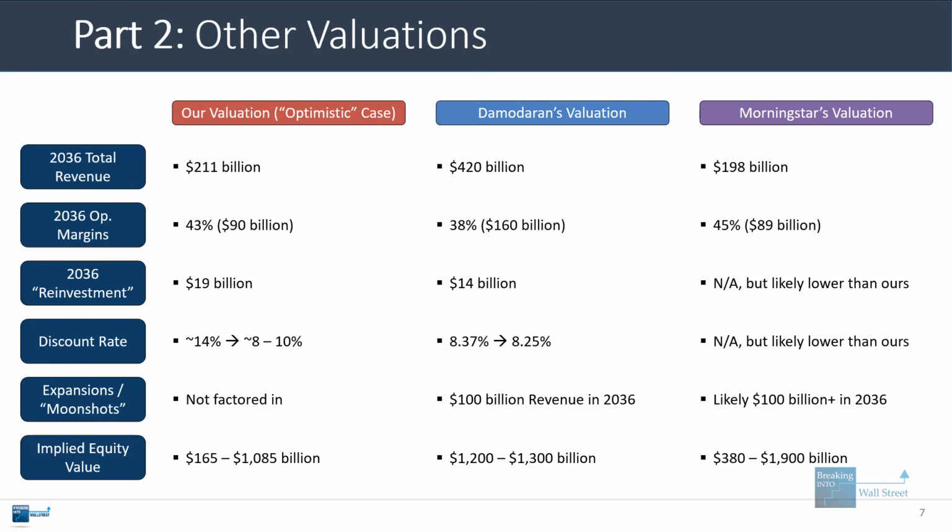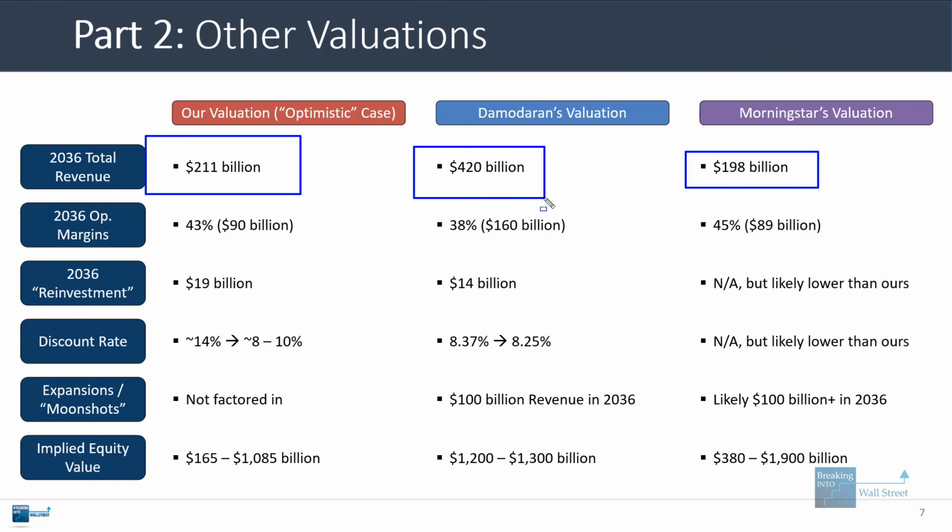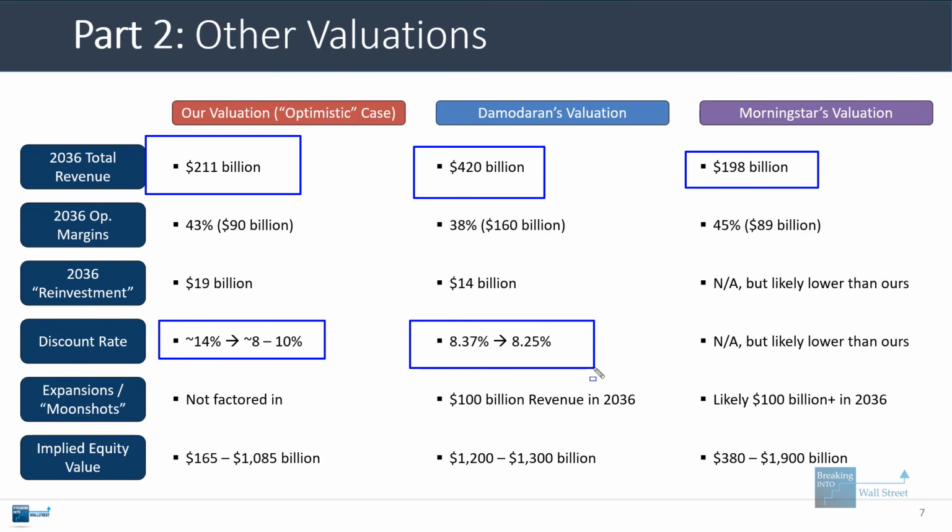If you look at Morningstar, they are much closer to our revenue, whereas Damodaran is about 2x our revenue estimate here. The other significant difference is that we start at higher discount rates in most of these segments, usually at around 14 to 15%, and make it decrease to 8 to 10% over time. Starlink, we start at a slightly lower level. Damodaran simply starts at an 8.37% discount rate and makes it fall to 8.25% over time.